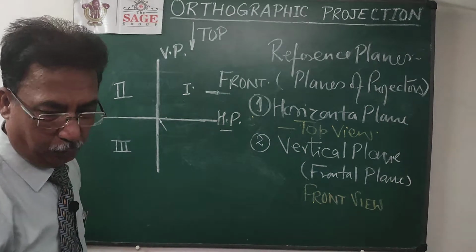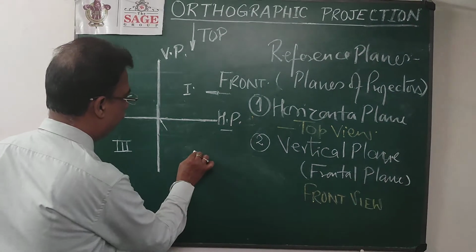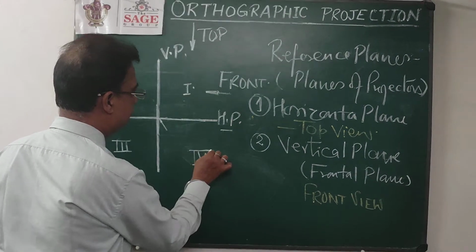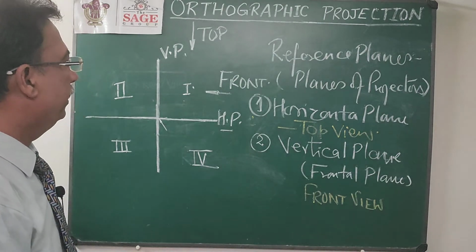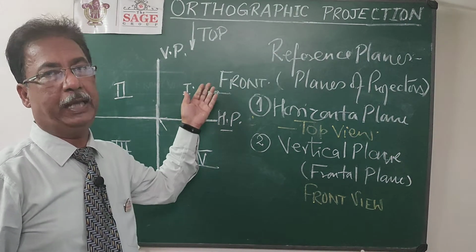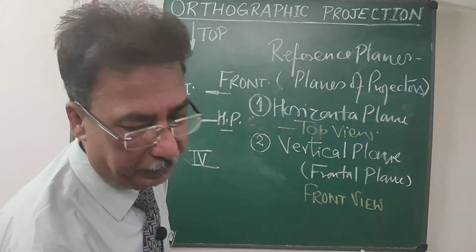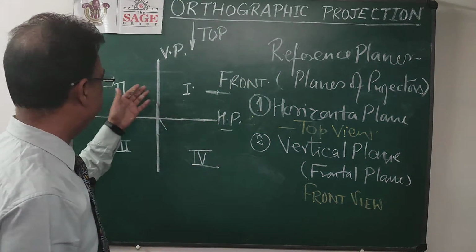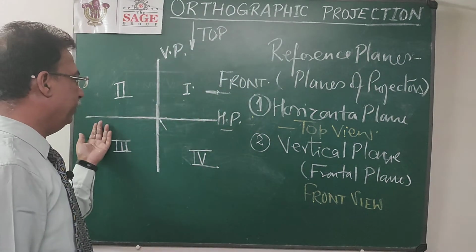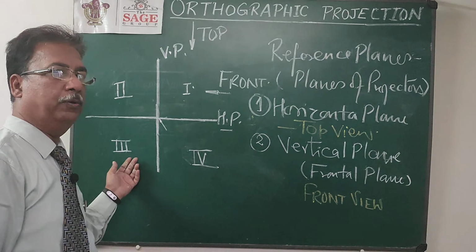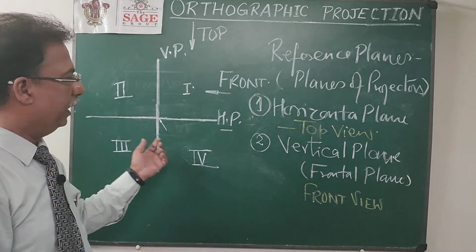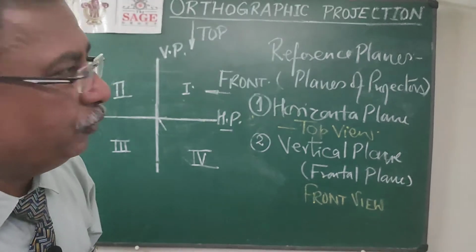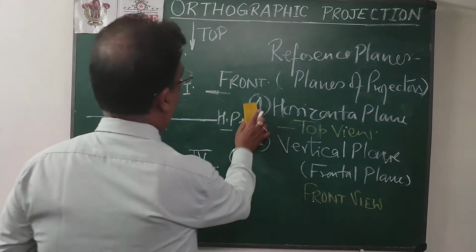So actually the whole space is divided into 4 quadrants, and we will simply define their positions. In the first quadrant, the object will be above the HP and in front of the VP. Second quadrant, the object is above HP and behind VP. Third quadrant, below HP and behind VP. And fourth quadrant, it is below HP and in front of VP.